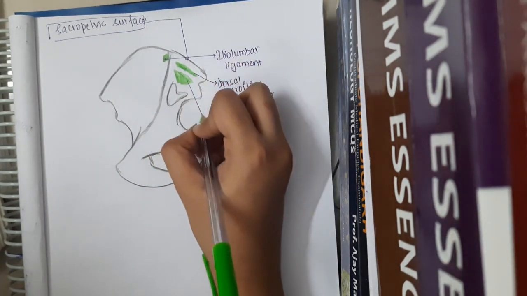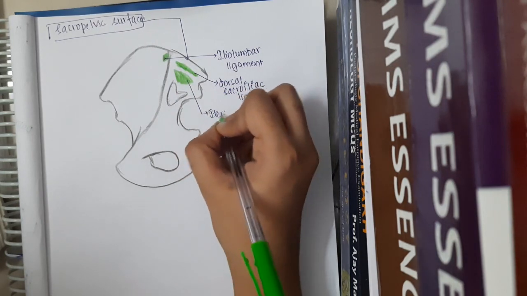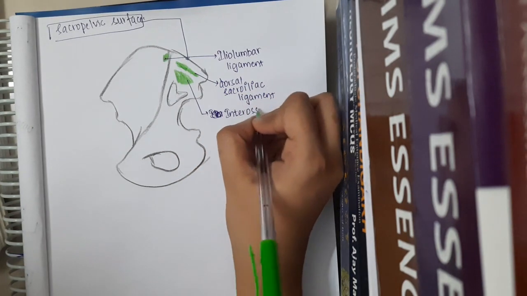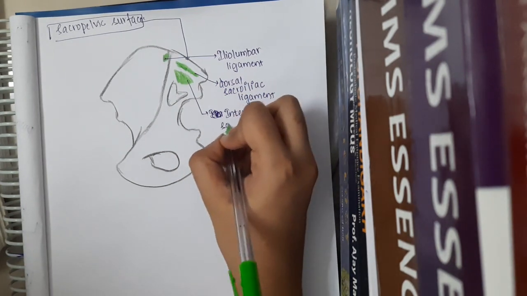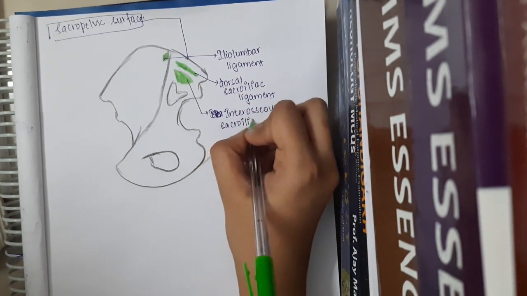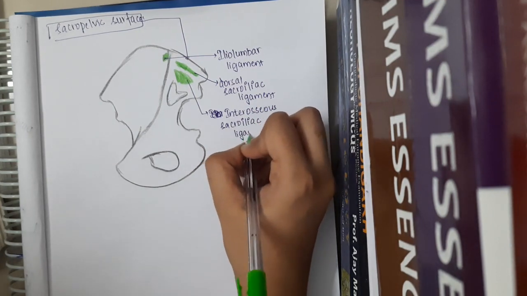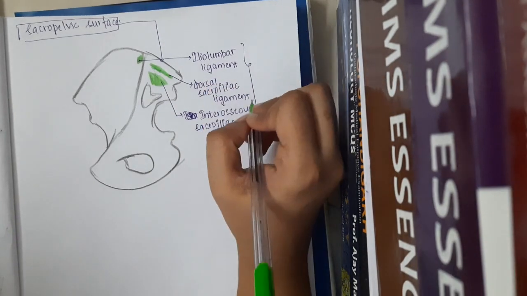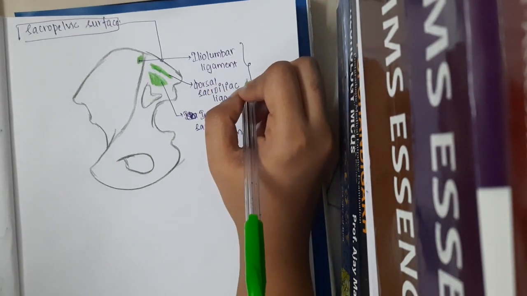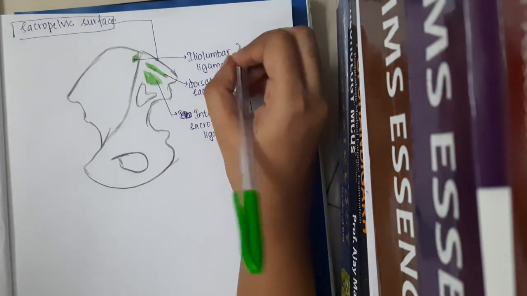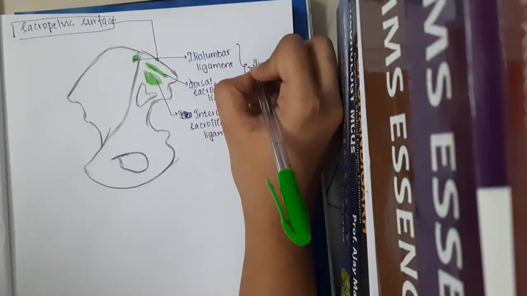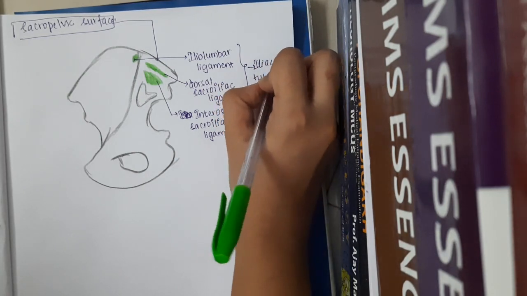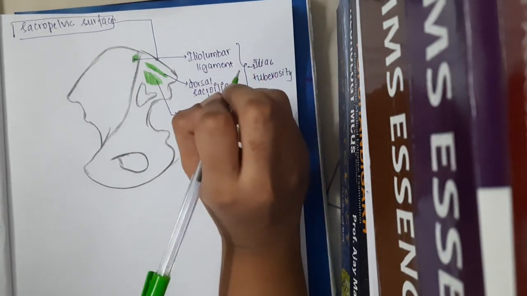Then we also have interosseous sacroiliac ligament. So iliolumbar ligament, dorsal sacroiliac ligament, and interosseous sacroiliac ligament, all of these are attached to the iliac tuberosity.